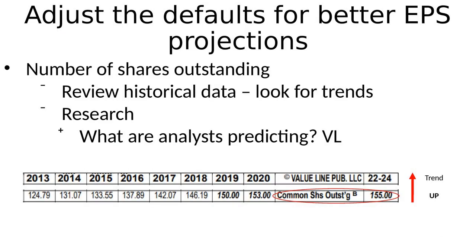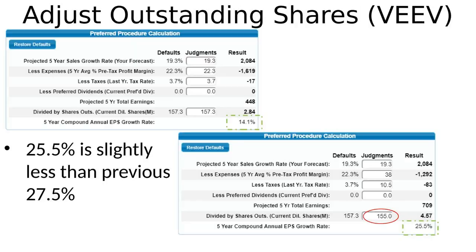Value Line is very trusted. If it's on the internet, it must be true, right? Adjust the defaults for better EPS projections. Number of shares outstanding. Review historical data. Look for trends. Research Value Line. So Value Line, you look on the Value Line sheet and it's trending upward. It's calculated at 155. Plug in that 155 and it brings it slightly lower than 27.5%. It brings it to 25.5%.